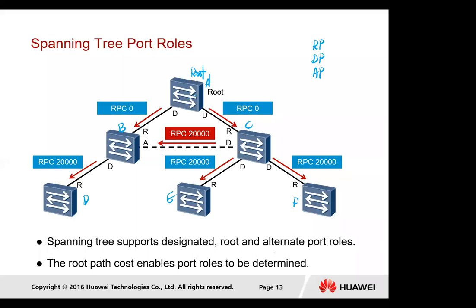When the root is A, root A will tell B its RPC, and both know that. Every non-root bridge must have 1 root port.